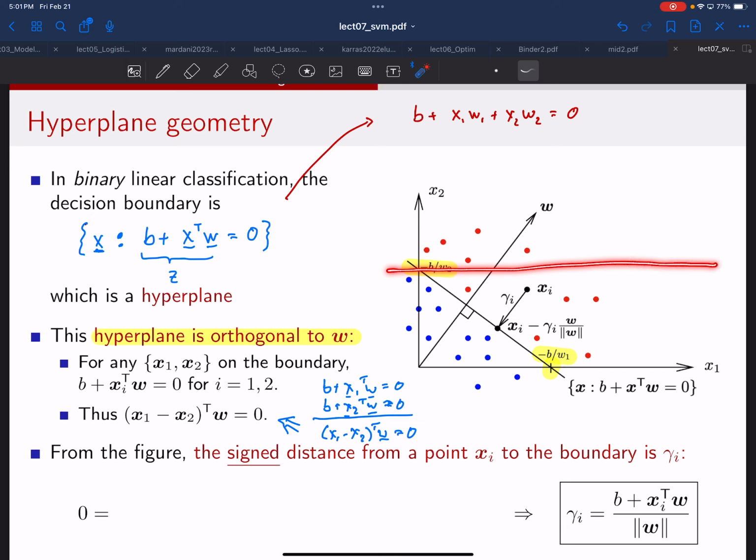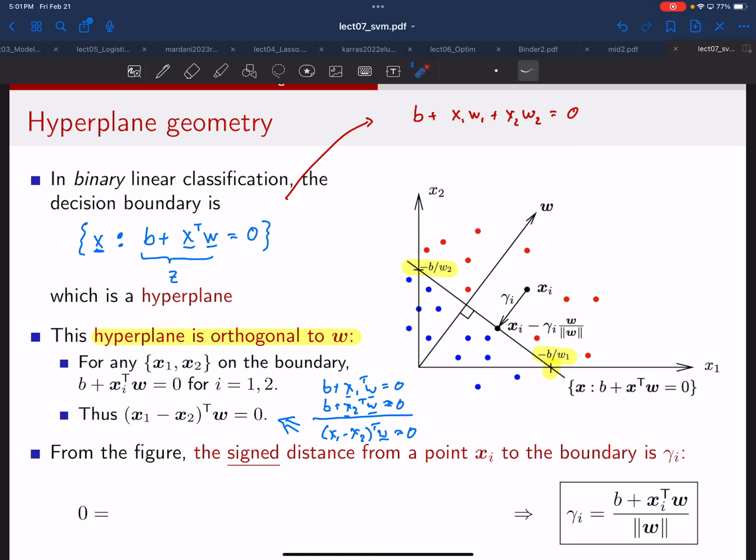So that's the case where one of these values, w1 or w2, goes to 0. And I think you saw that in the homework, if you looked at the solutions which created one of these horizontal classifier boundaries, that corresponded to w1 being 0.